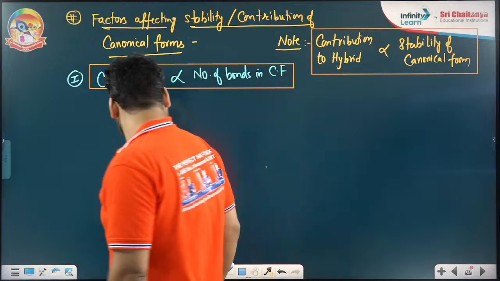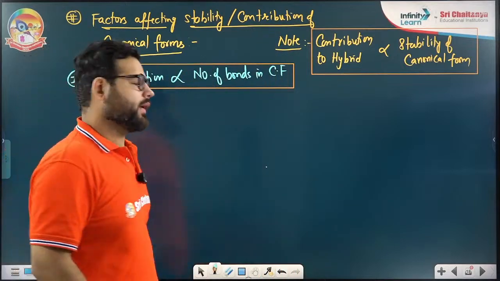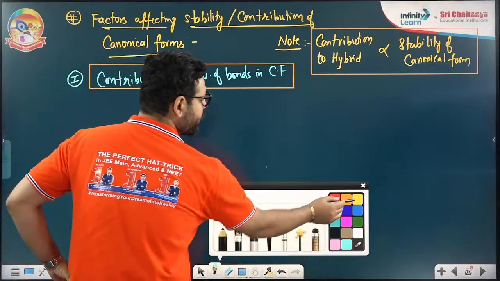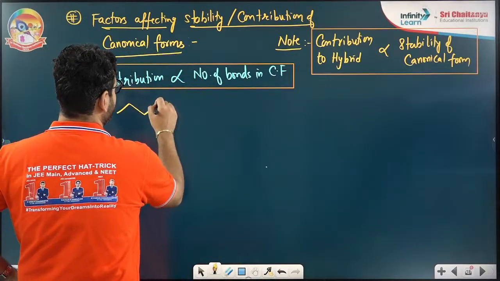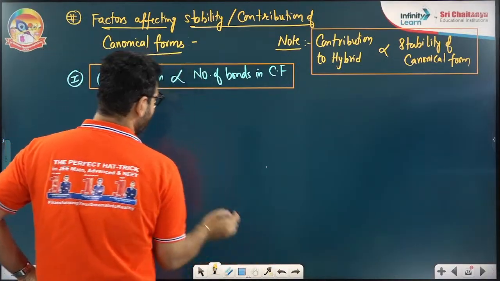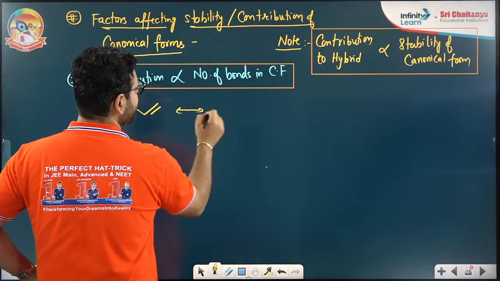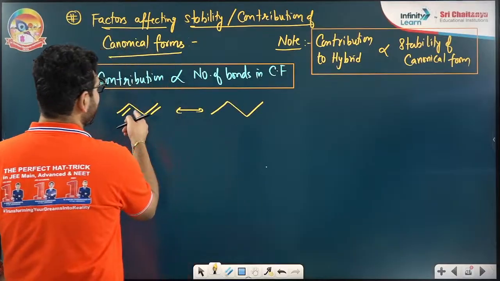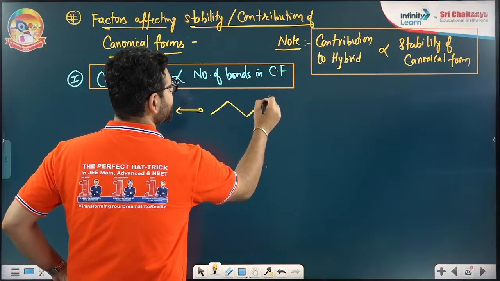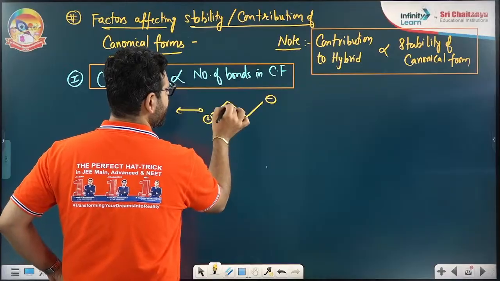More bonds, more contribution. One example, let me show. If I draw butadiene and show its other resonating structure, it will look like this. Pi becomes minus, negative comes here, positive comes here, and the pi bond comes here.